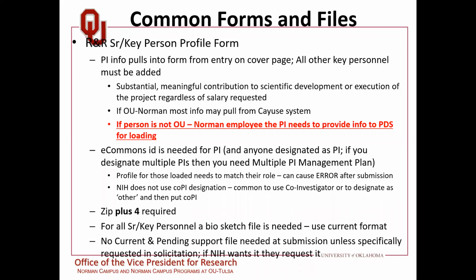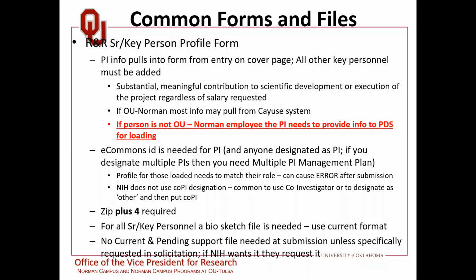If the person that you list as senior key personnel is here at OU, we can pull a lot of their information like their address and their phone number and things like that automatically from the system. If the person that you're listing is not here at OU, then we'll have a form that we send you that you have to give us all this information so we can key it into the system.